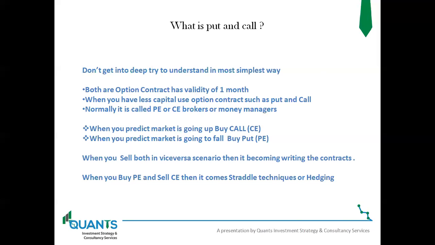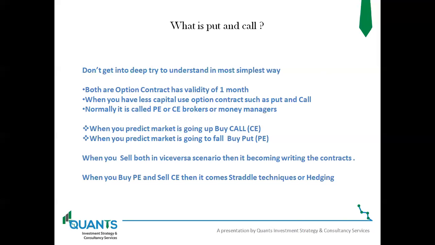Now if you say I have only 15,000 rupees, then you can try put and call, right? Normally brokers or money managers call them PE or CE; they say buy PE, buy CE. This is a word you will hear from them.